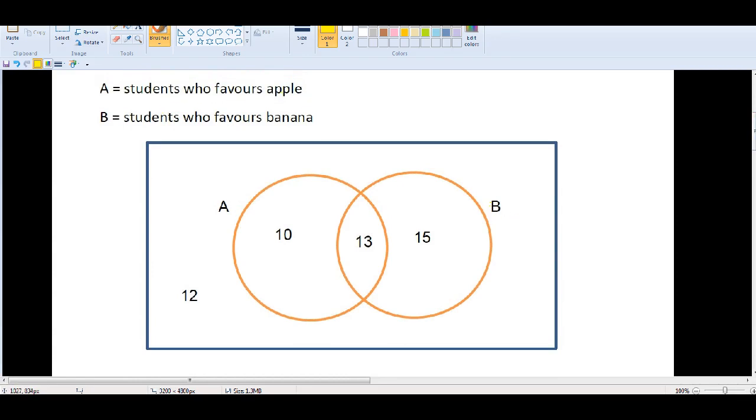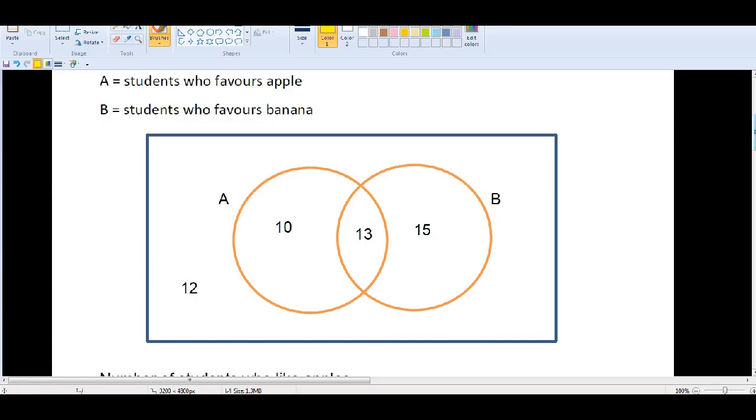Of course, the other circle we label B, and that represents the number of students who like banana. There is a number 12, which is outside both circles, and this represents the number of students who like neither apples nor bananas.